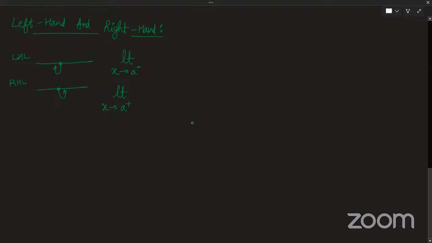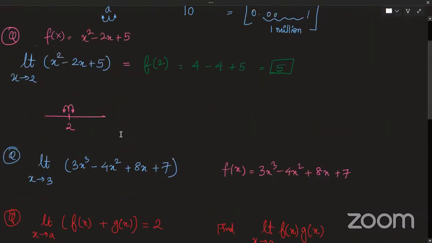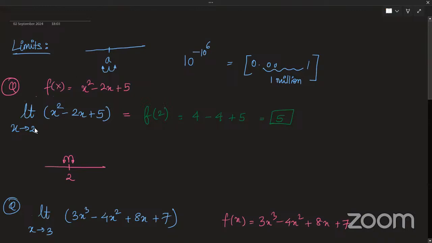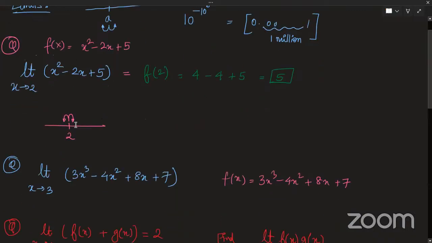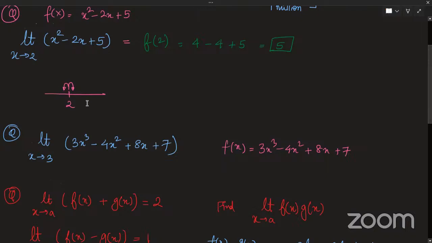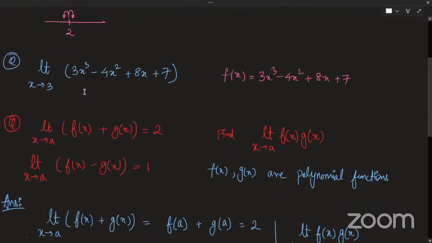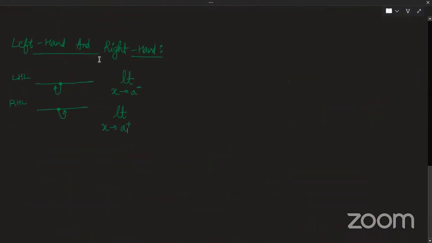Okay. So it just means that I am talking about the direction also. Now I am being direction specific. Earlier, when I was talking about a limit, like limit x tends to 2, x square minus 2x plus 5, my x could be on either side of 2. But now, since I have specified my limit, either it is a minus or a plus.